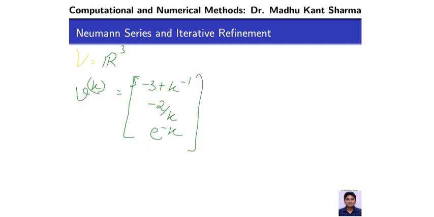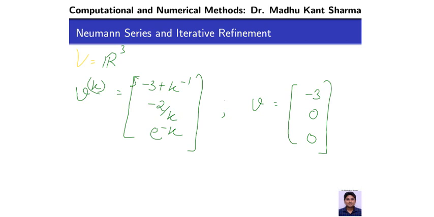From intuition, what will the limit be as k tends to infinity? 1 by k tends to 0 and e to the power minus k tends to 0, where k is greater than 1, a non-zero number. So this tends to minus 3, 0, 0. This vector should tend to this vector.